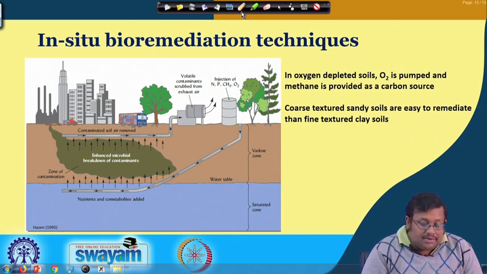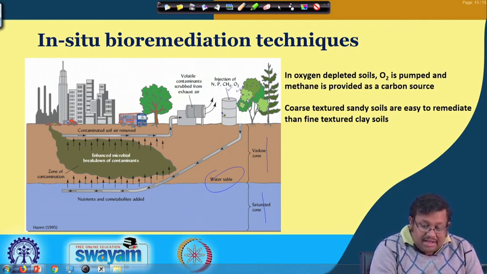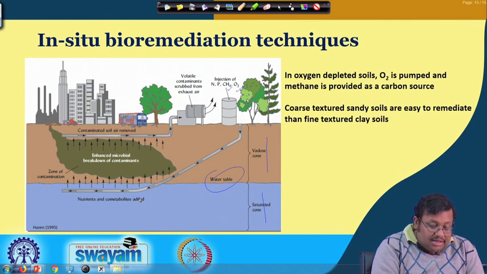Here you can see the vadose zone and the saturated zone, and obviously the water table. We are injecting nitrogen and phosphorus as fertilizer, as well as methane as the carbon source, and oxygen through this channel.